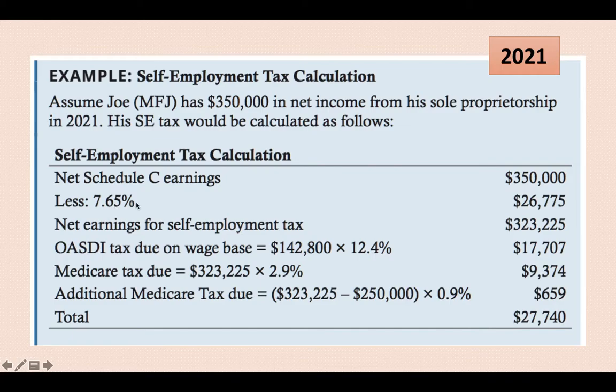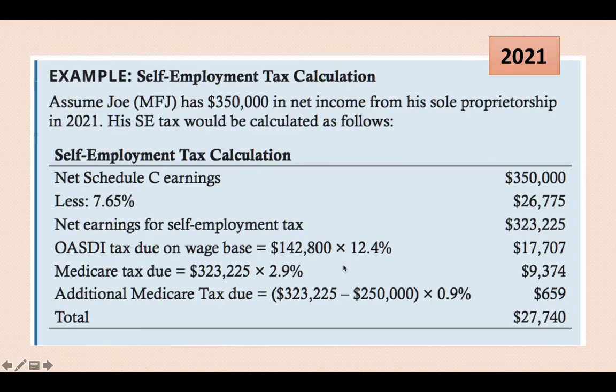This is considered the employer side of the SE tax, so this will reduce this amount. You'll get the net earning for the self-employment tax, which is $323,225. This amount will be your base for all the self-employment tax.